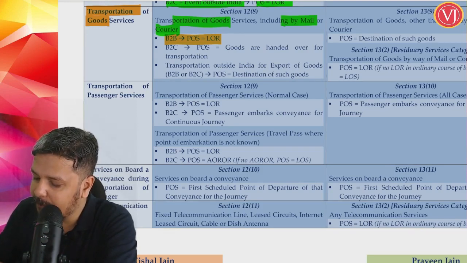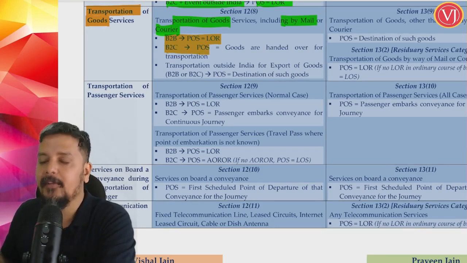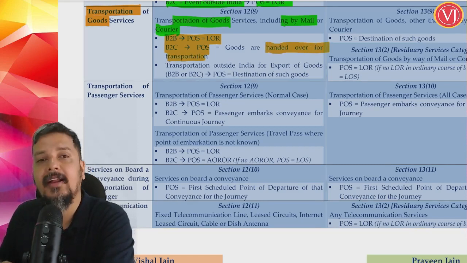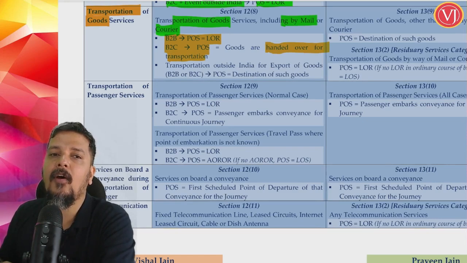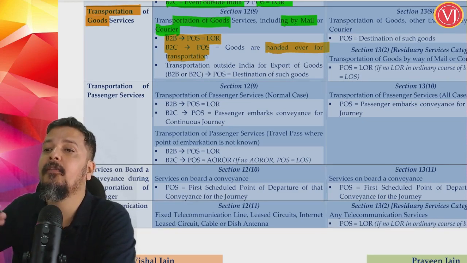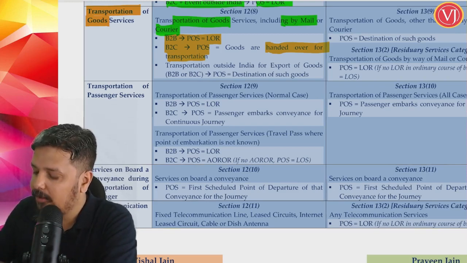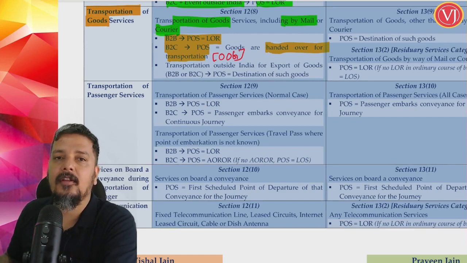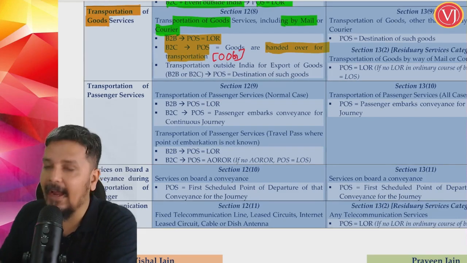If it is B2C, place of supply is where the goods are handed over for transportation, which means origin of goods. There's one more category here which was added later on.